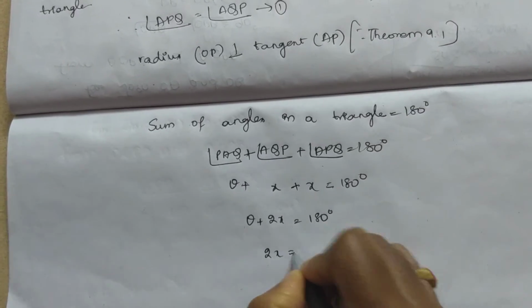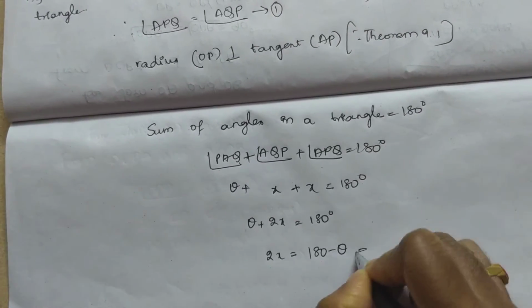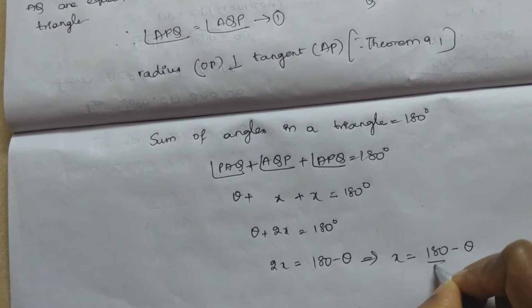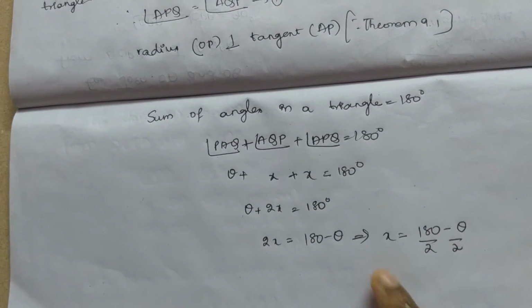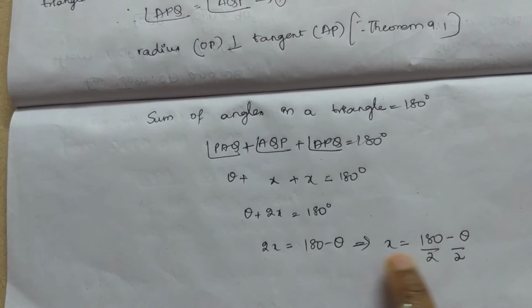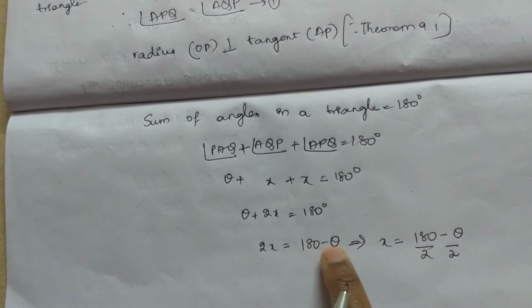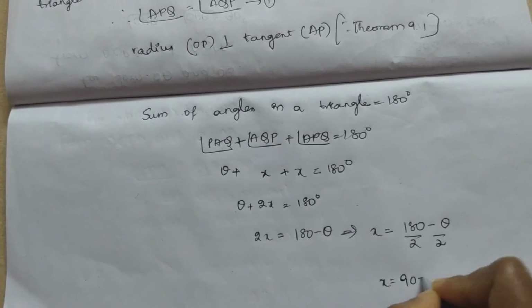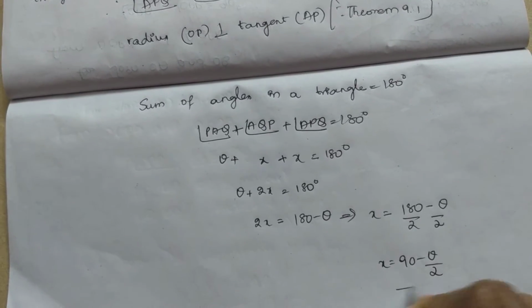2x equals 180 minus theta, that implies x equals 180 by 2 minus theta by 2, because when you send 2 to the right-hand side, two terms are there, so I am dividing individually. So x equals 90 minus theta by 2. I have put it as equation 1, since angle APQ equals angle AQP equals x, write in brackets let. So angle APQ equals angle AQP equals x equals 90 minus theta by 2.